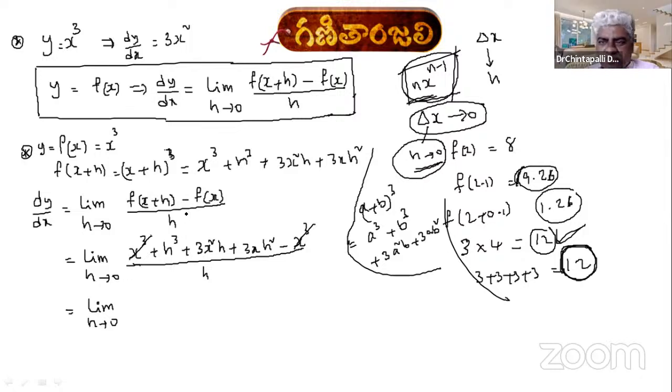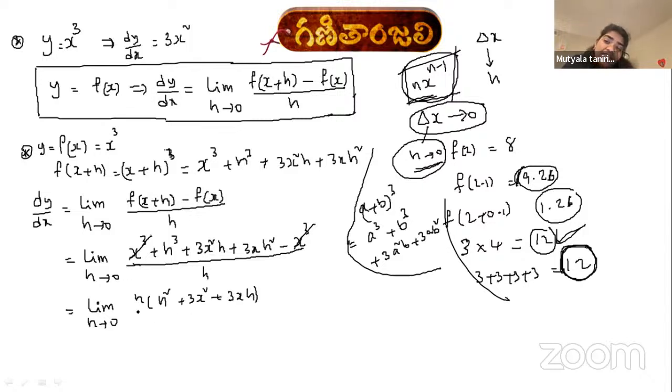Yes, sir. We can take h common. Take h common: h square plus 3x square plus 3xh, all divided by h. The h gets cancelled. Now we can plug in h equal to 0, right?